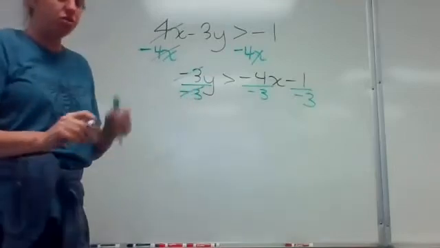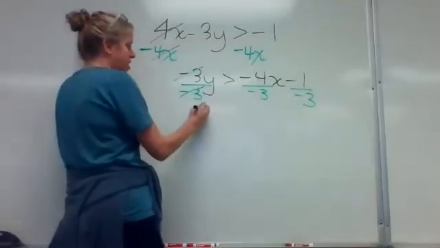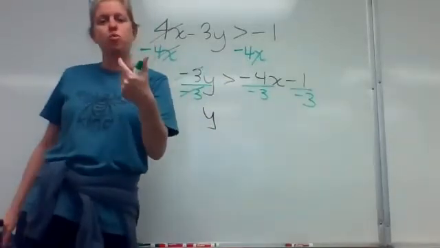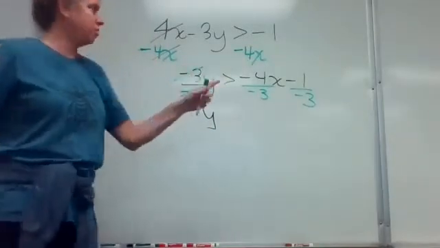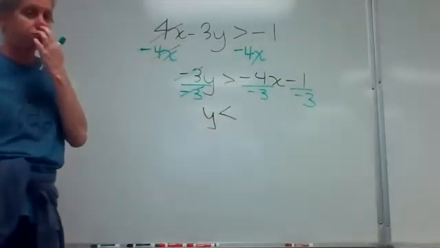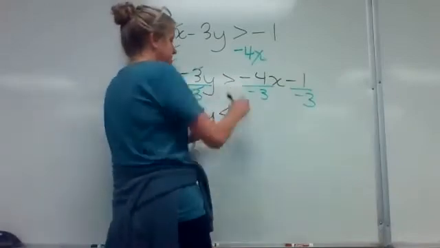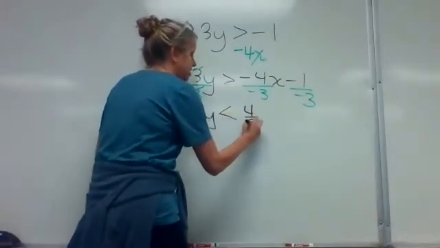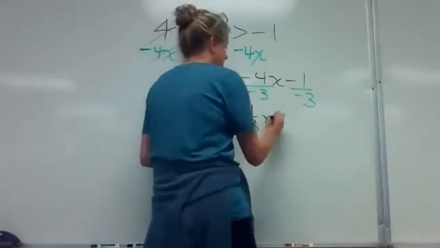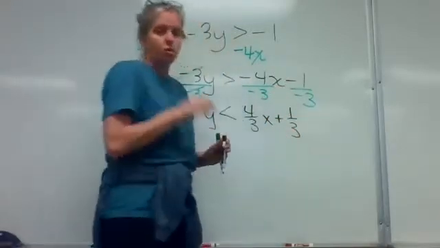Now, remember, when you divide both sides of an inequality by a negative number, the inequality symbol switches around, okay, which means it's going to go from greater than to now less than. So this negative over negative turns to +4/3 x. Again, negative over negative turns to +1/3.